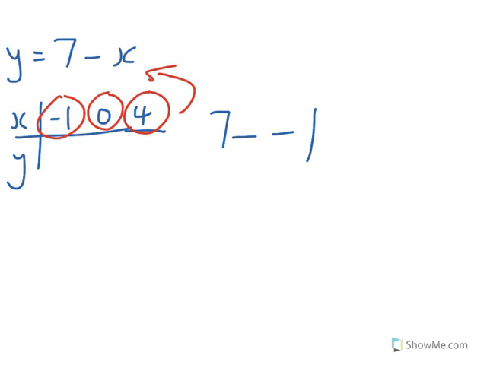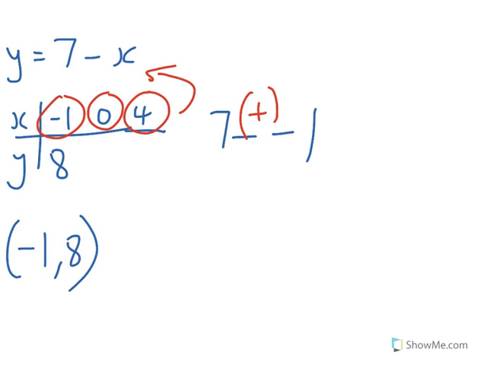7, take away whatever x is. 7 minus -1. Now you should all know, hopefully, that the minus and the minus make a plus. So that means 7 plus 1, which is 8. So there's your first coordinate. It's -1, 8. We're now substituting in 0 for x.